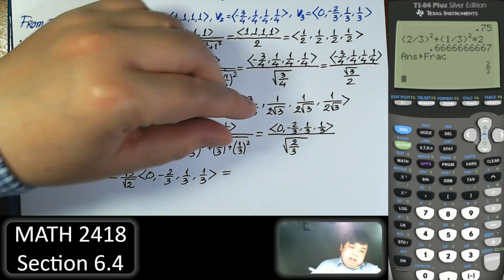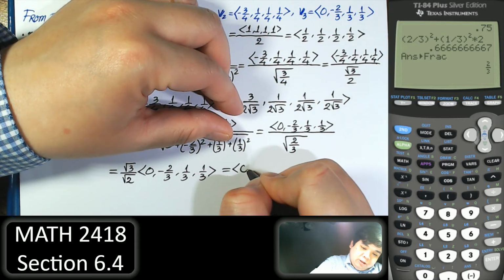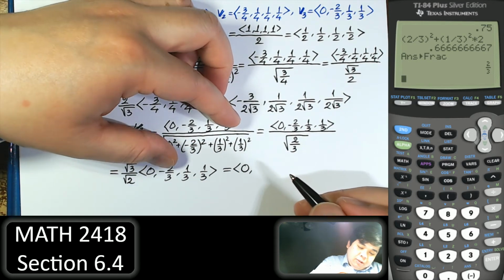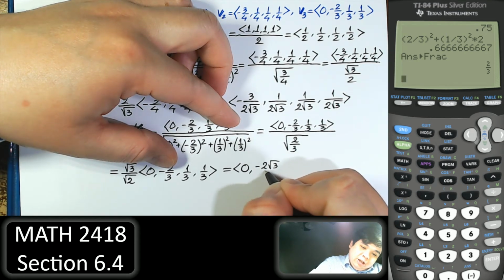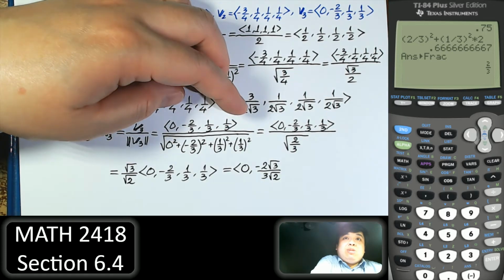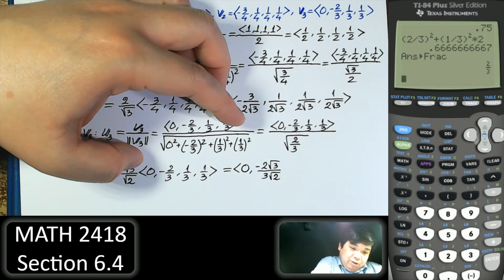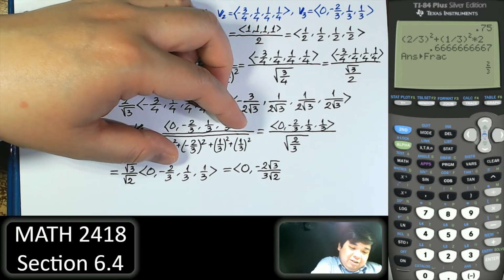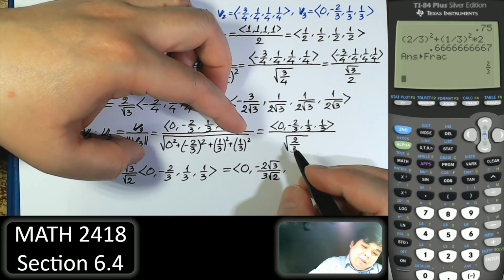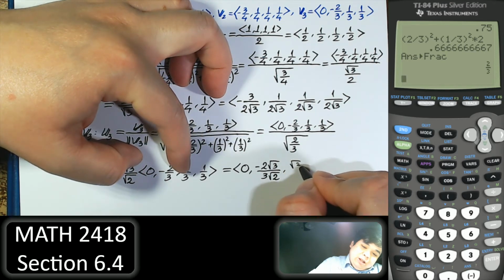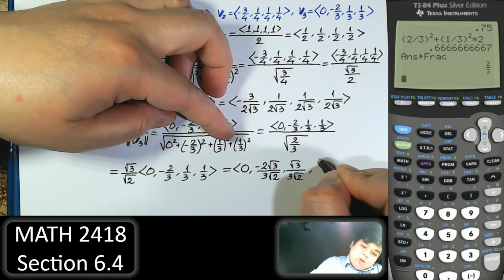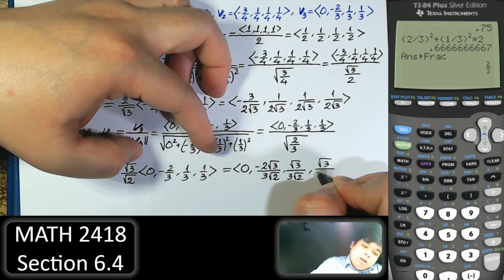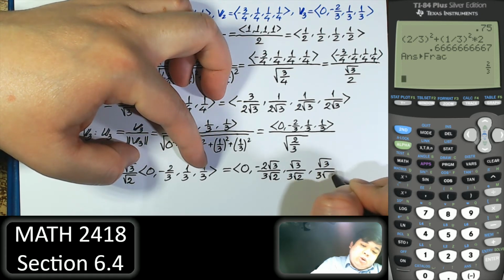And then multiply inside, that will be 0, negative 2 square root of 3 over 3 square root of 2, square root of 3 over 3 square root of 2, and square root of 3 over 3 square root of 2.